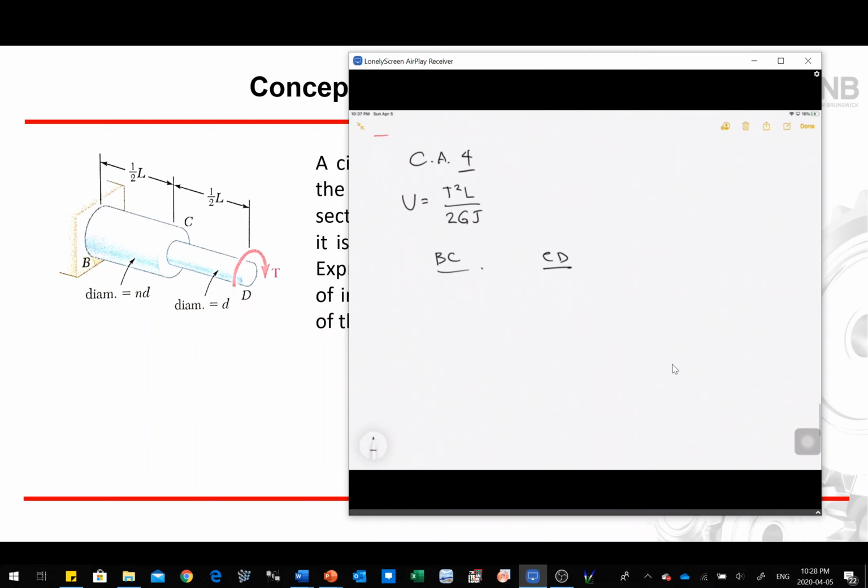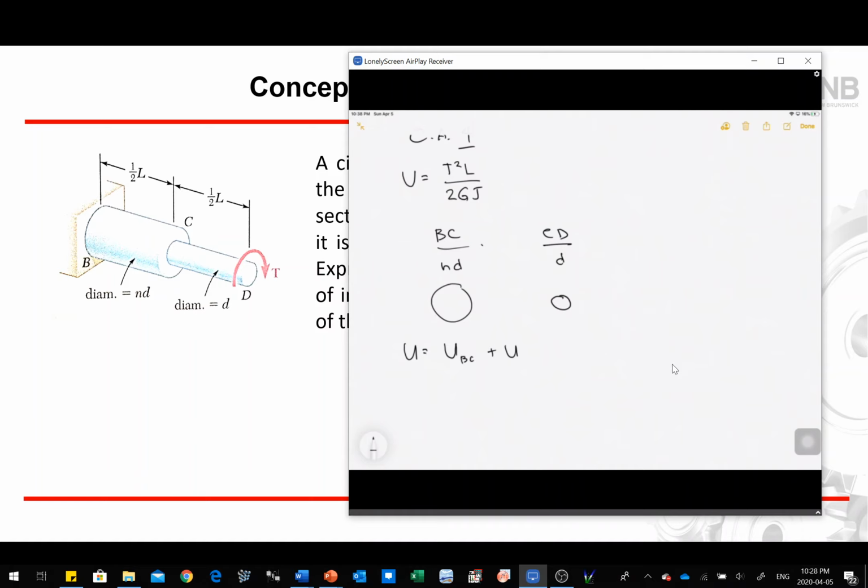For section BC we have diameter nD, and for CD we have diameter D. So we have again different sections, that's smaller, that's a larger circle. For strain energy, again we can divide it into two sections, BC and CD, so I can get my strain energy for BC plus my strain energy for CD.